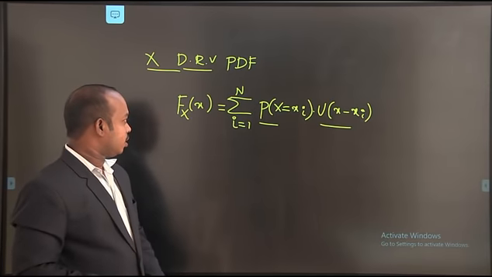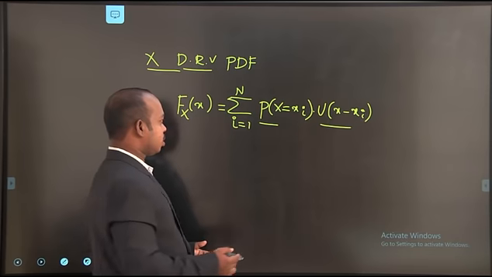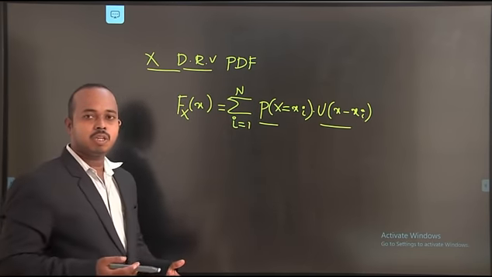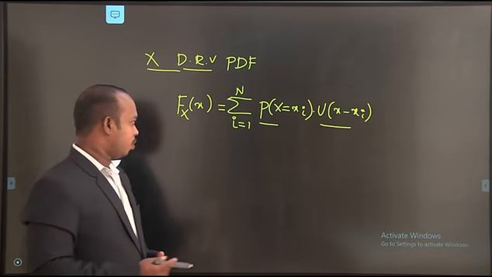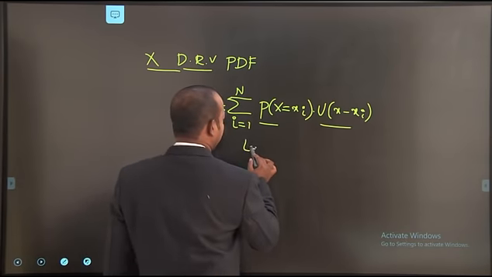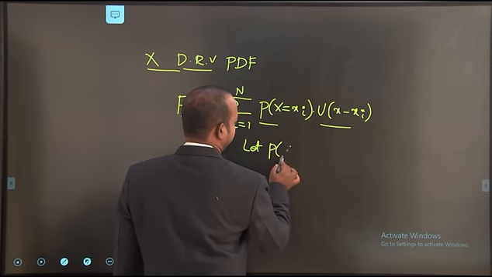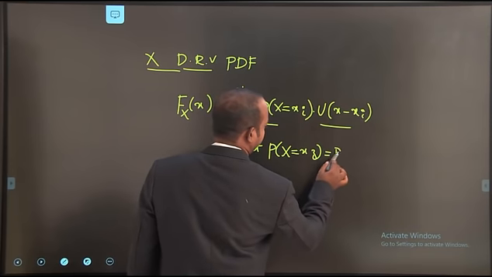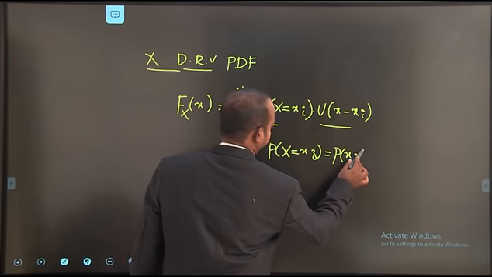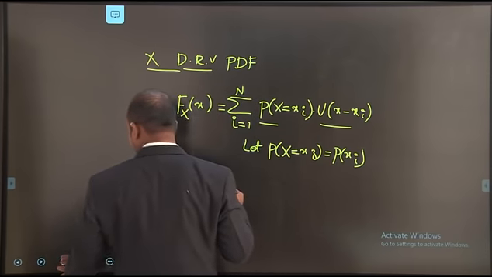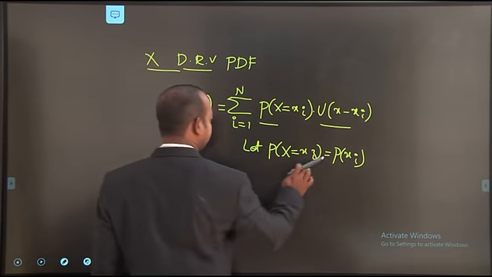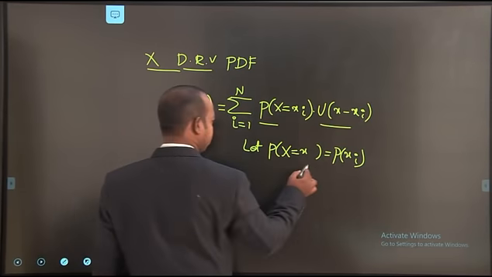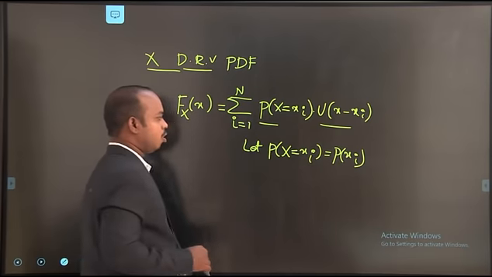Now you can simplify that one. The first term is the probability of x is equal to xi. For simplicity, let the probability of x is equal to xi be the probability of xi.